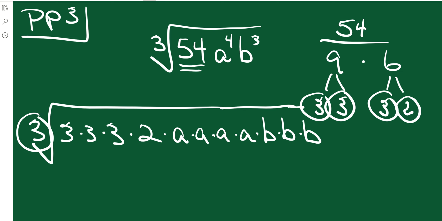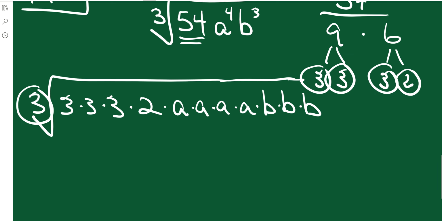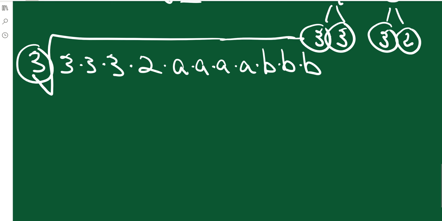My index number is 3. So for every 3 of the same number, or variable in this case, we're going to take one out. Here's three 3s, and I'm going to take one of them out. I only have one 2, so that's going to stay inside. Here I've got three a's, so I'm going to take one out.